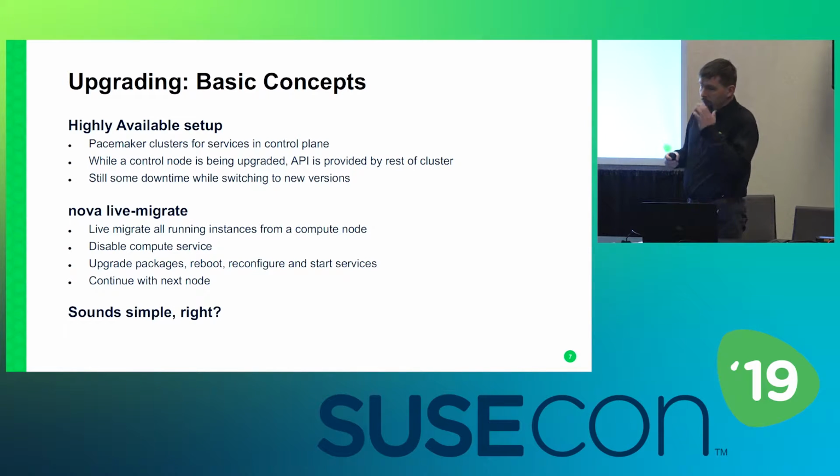Then we disable the service on the node, so the Nova Scheduler doesn't use it for the time of the upgrade. We upgrade the packages on the node, reboot it, run the Chef client that is reconfiguring to the new version of OpenStack, and start the new services. And we can continue with the next compute node.